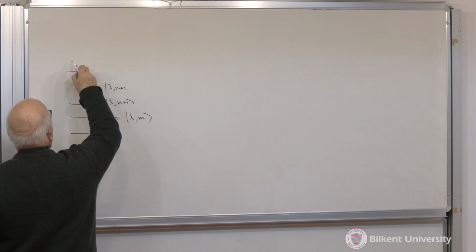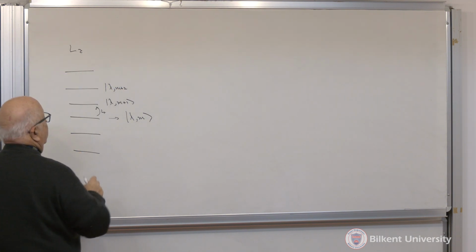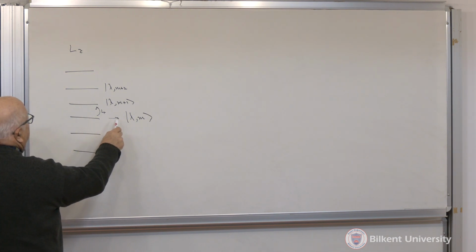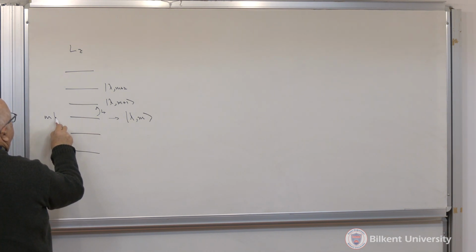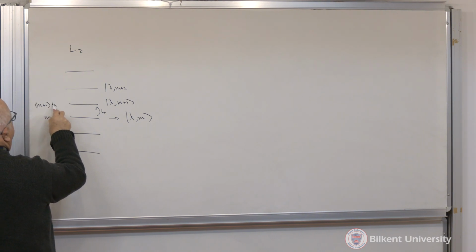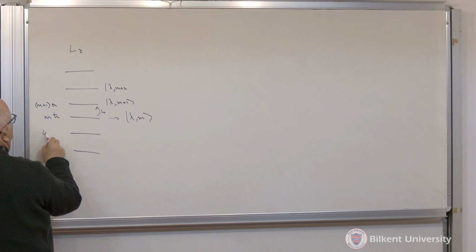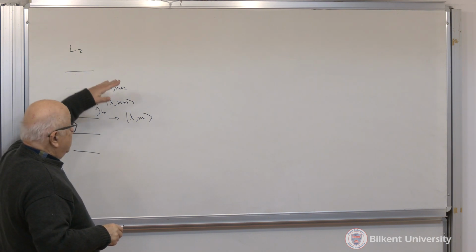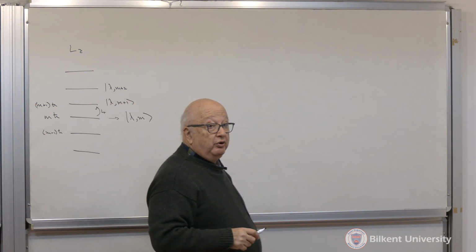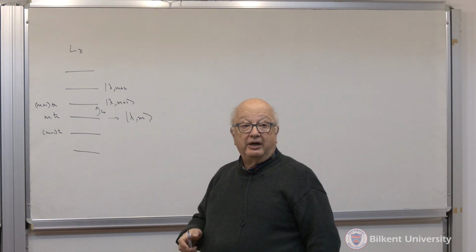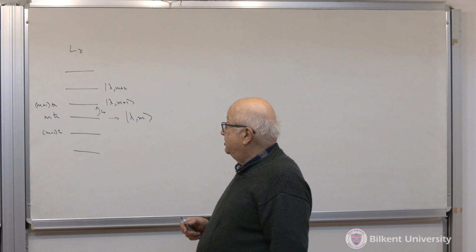So these are the Lz eigenvalues. They are going to be m h bar here, m plus 1 h bar there, and so on. So this is going to be m minus 1 h bar, etc. So I'm going to get a set of eigenstates which look like that. So that will be the structure.